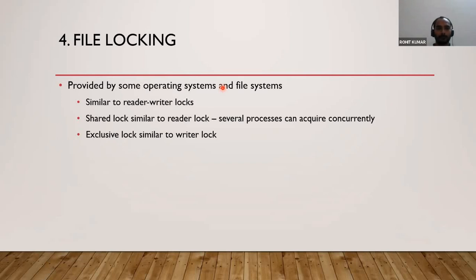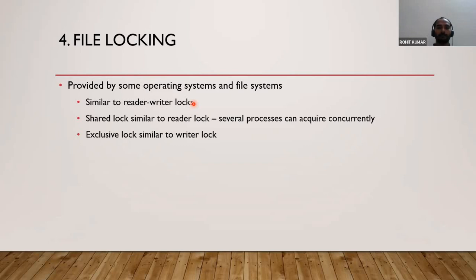You cannot always assume that if a property is available in one system, it will be present in another. The file locking concept is similar to reader-writer locks: how many people can read a particular file simultaneously, and who is responsible for writing data at a particular moment. Shared locks are similar to reader locks.